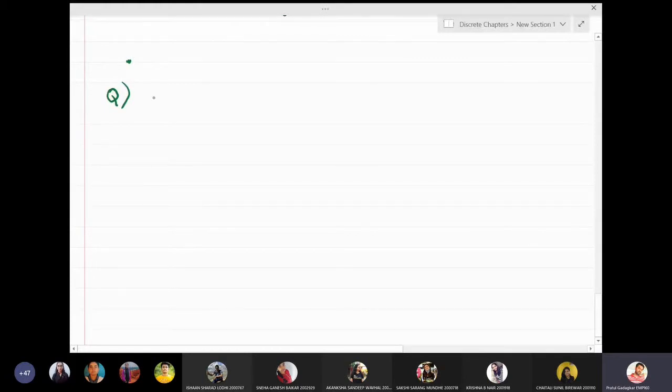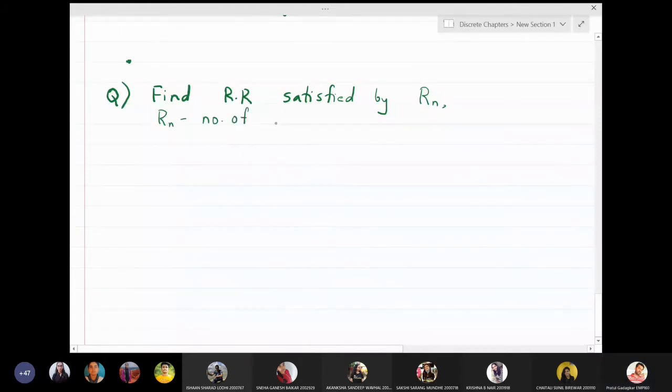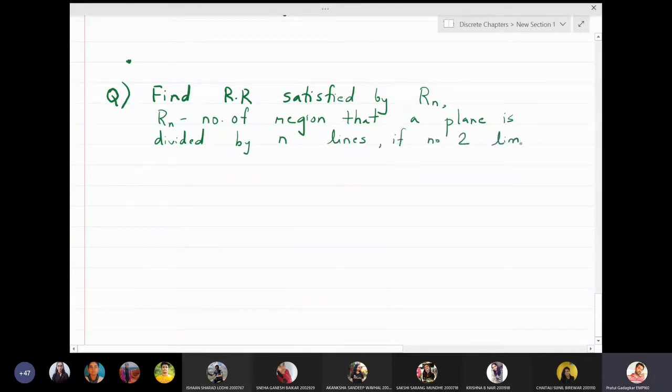So now we will find the recurrence relation which is satisfied by Rn, where Rn is the number of regions that a plane is divided by n lines, if no two lines are parallel and three lines are not concurrent.